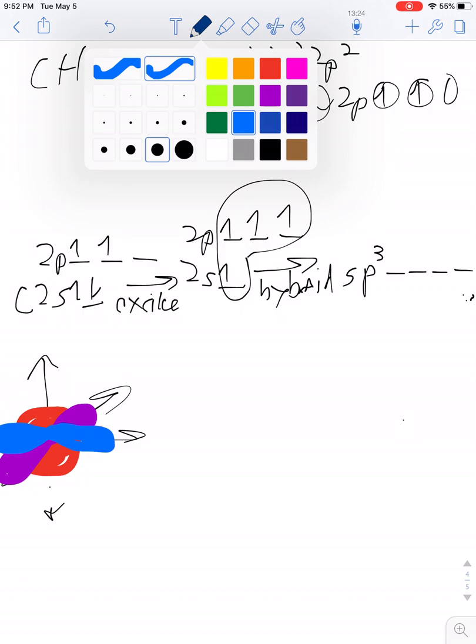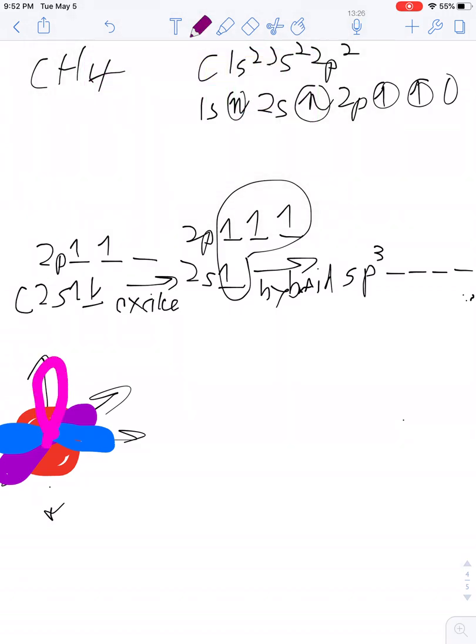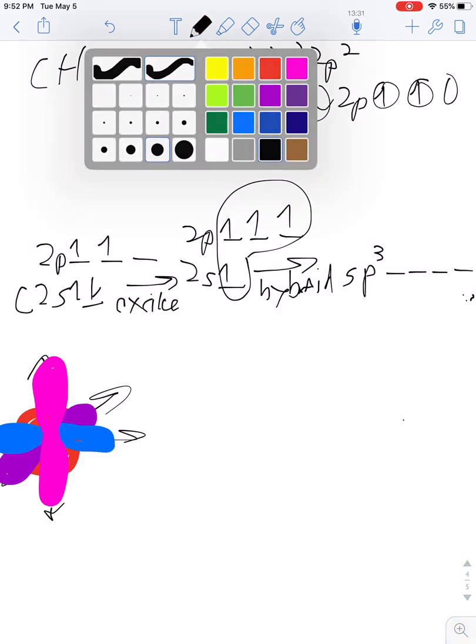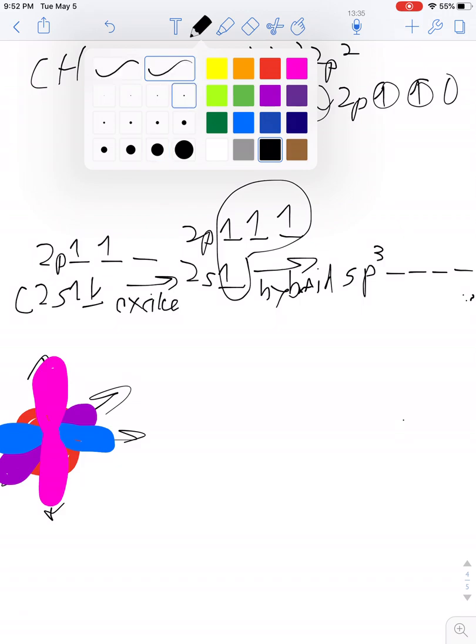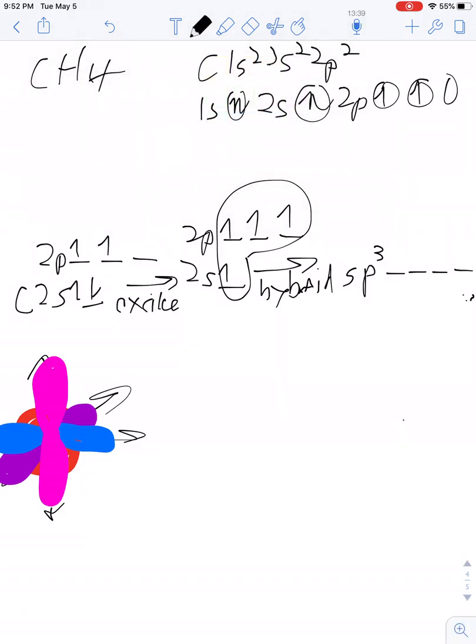And then my third one is on the z-axis. So when you do this, you are becoming more and more P-like in nature. So now it's like mixing 1 part yellow, 3 parts blue.